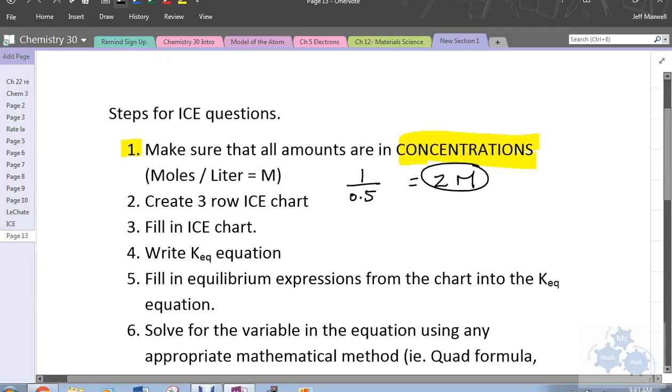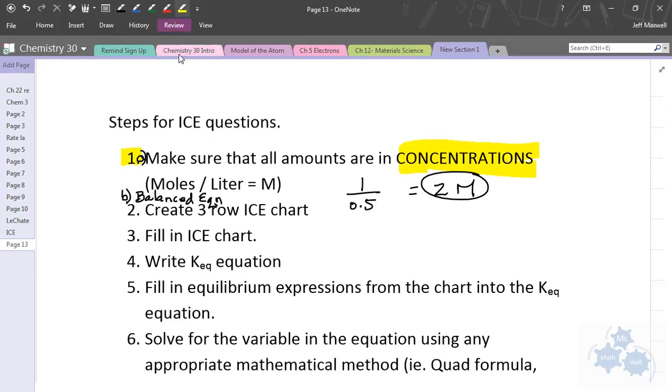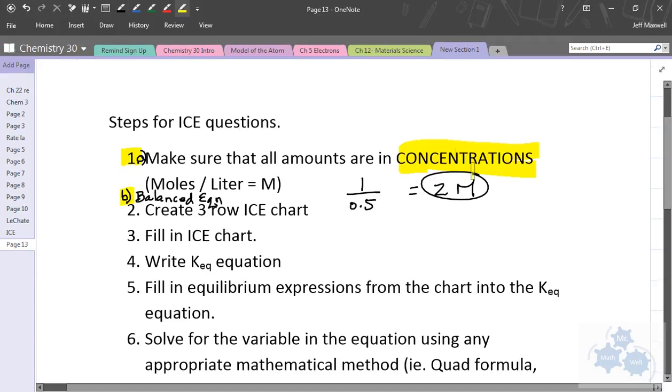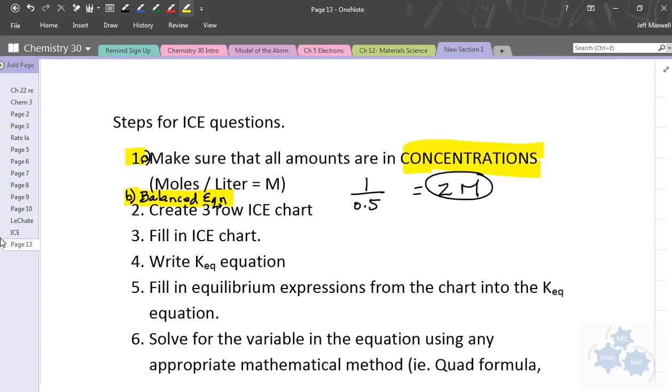Concentrations. I didn't know this wasn't in here, so we're going to do 1B, balanced equation. I think it's already assumed for most that you have a balanced equation, but you may not. So make sure you have a balanced equation. That is 1B. We have to deal with concentrations, but you also have to have a balanced equation.